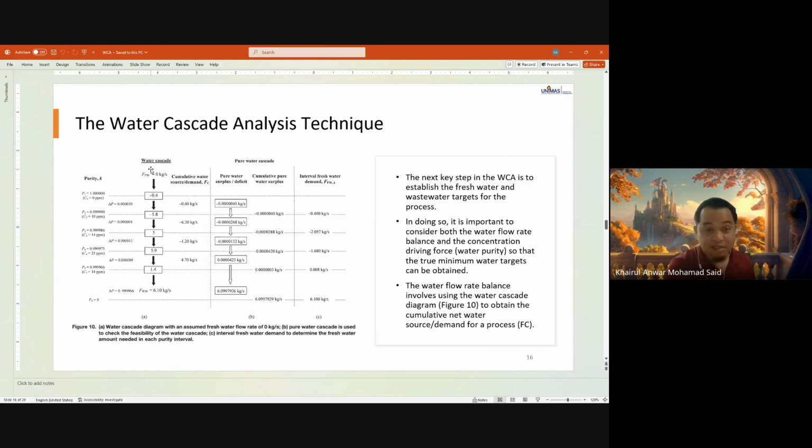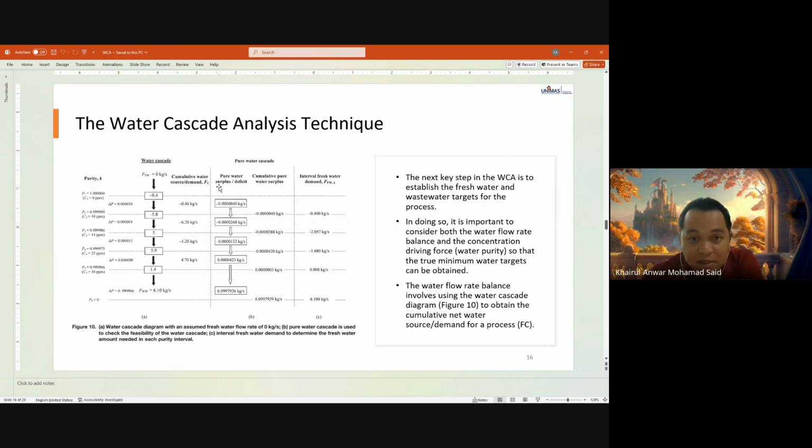But it's not as much as without regeneration, because without regeneration it is a lot.